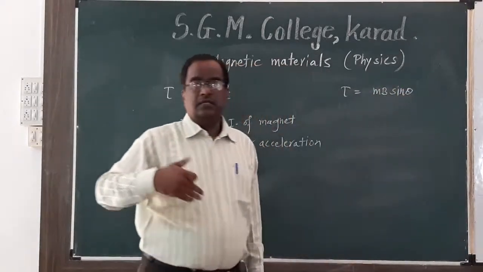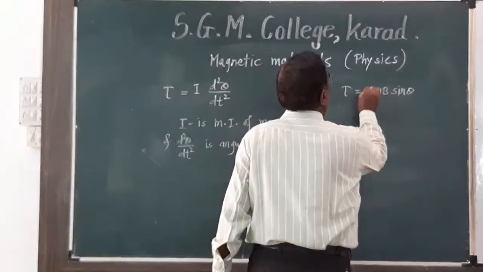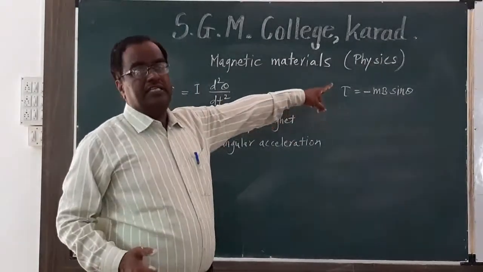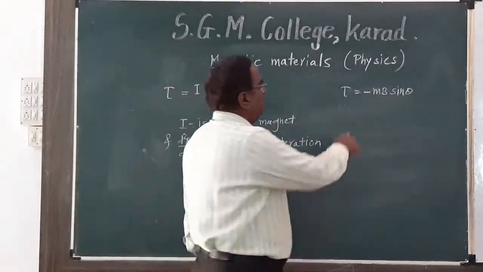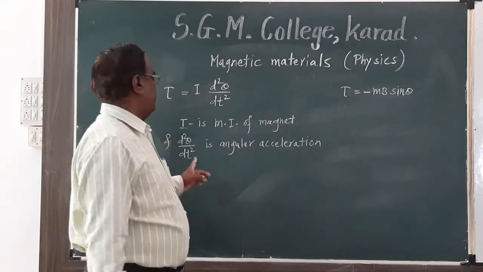But we are displacing the magnet in the opposite direction, therefore we have to give a minus sign to this torque. This is the restoring torque: tau is equal to minus MB sin theta.